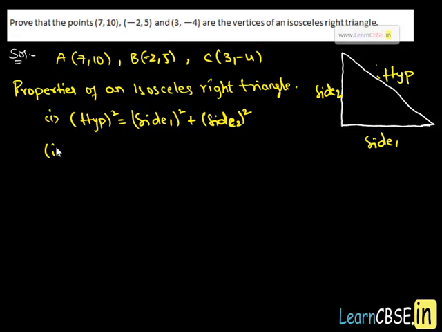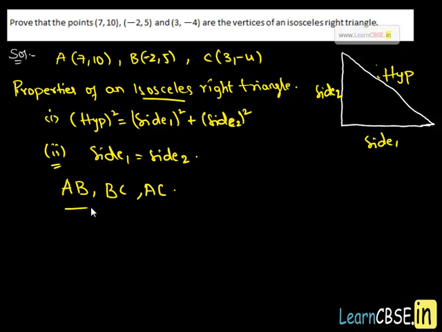For a triangle to be an isosceles triangle, any two sides must be equal. That means side 1 is equal to side 2. To prove triangle ABC is an isosceles right angle triangle, we have to find out the distances between sides, that is AB, BC and AC. To find these distances, let us consider the distance formula.